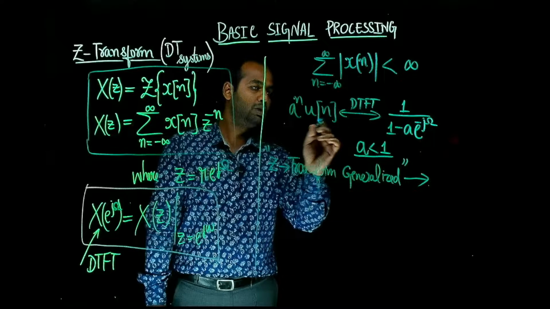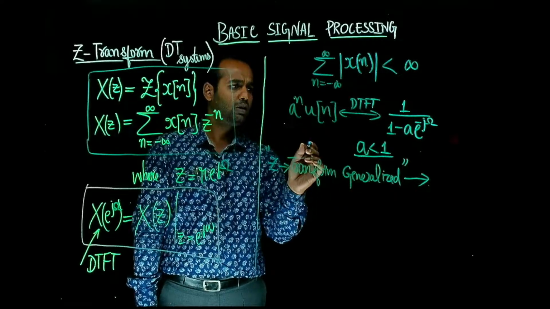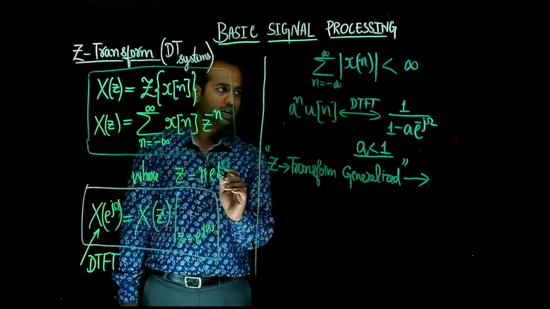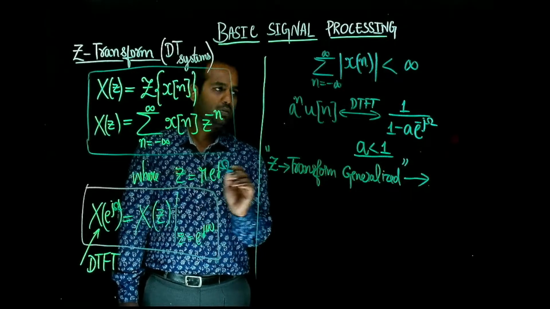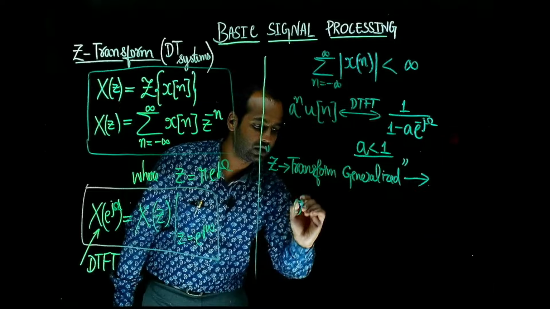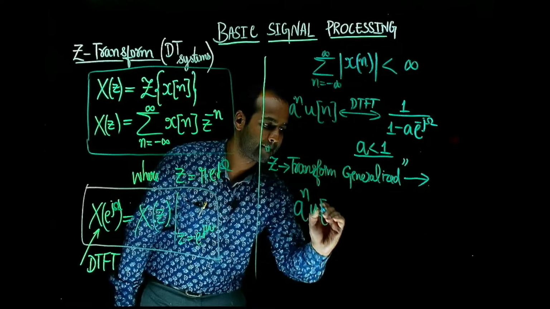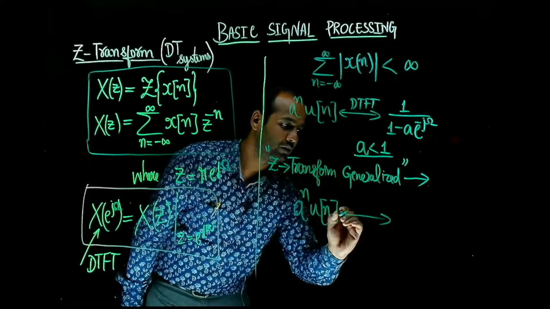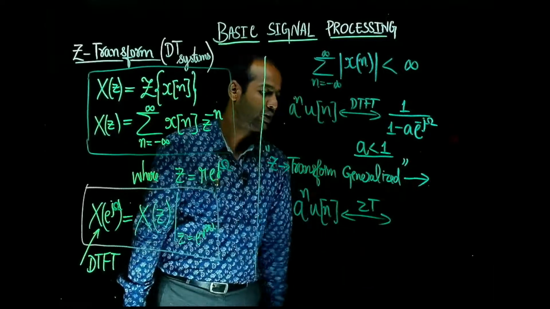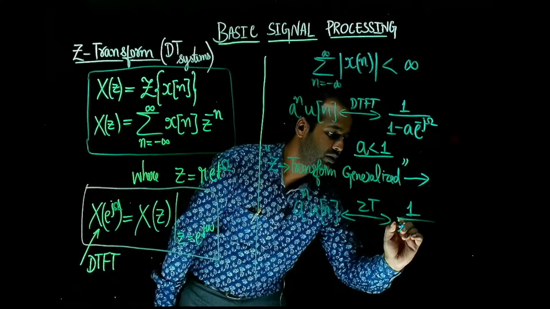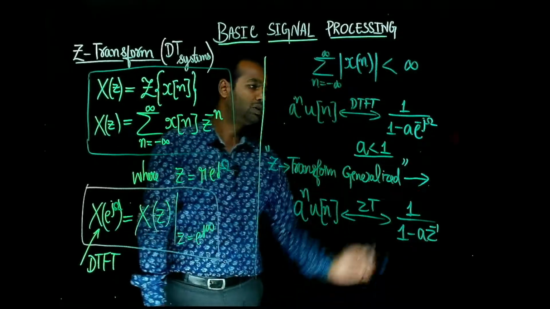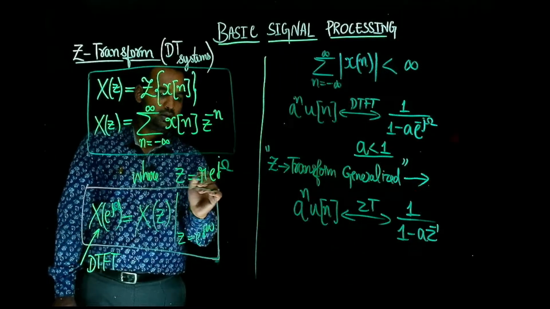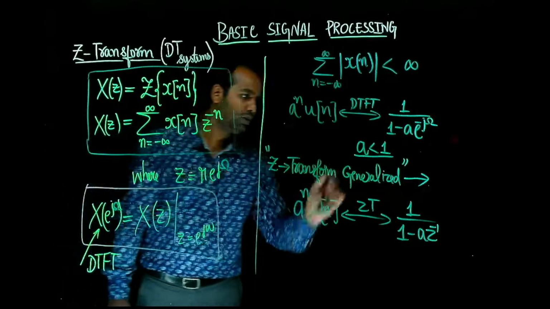That means if we evaluate the Z transform at the unit circle by substituting Z as e power j omega, we get the DTFT. For a power n u of n, the Z transform will be 1 by 1 minus a Z inverse.